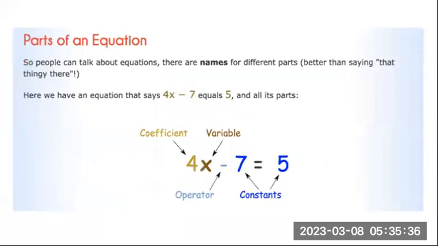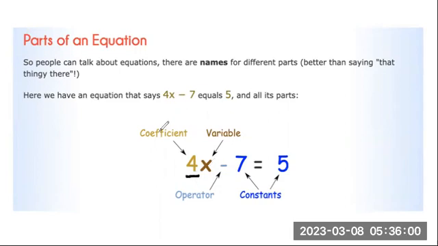What are the parts of an equation? People can talk about equations, but there are names for the different parts, better than saying that thingy there. Here we have an equation that says 4x minus 7. Now let's look at the first part.